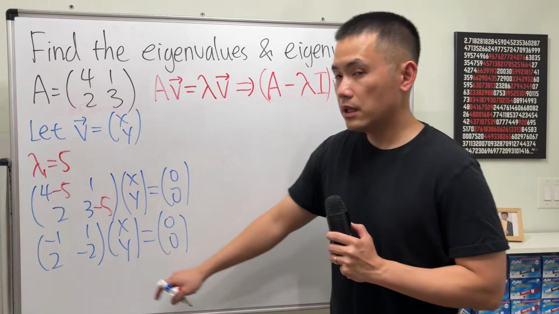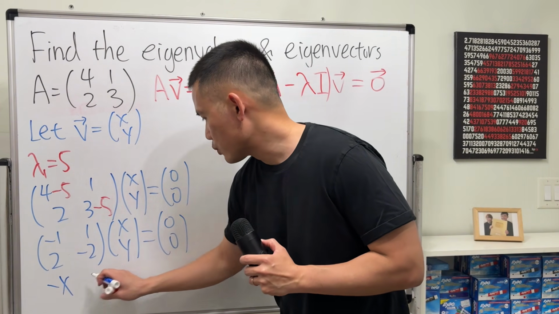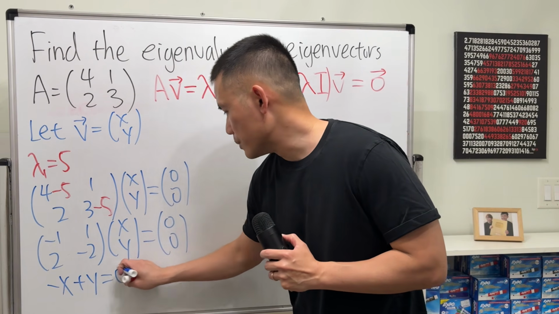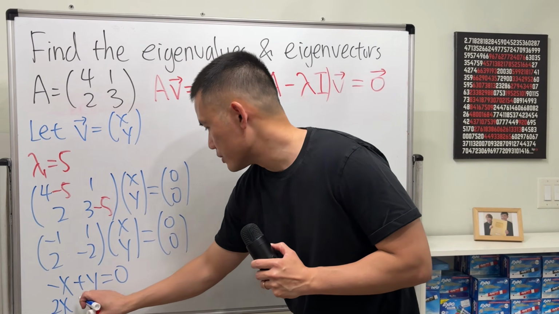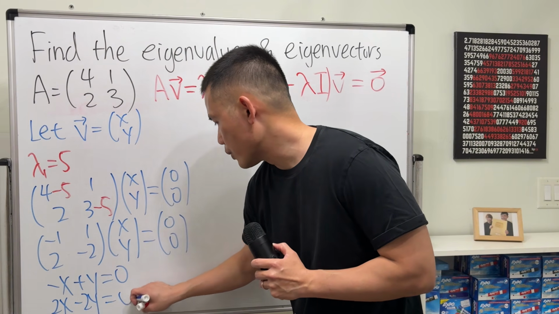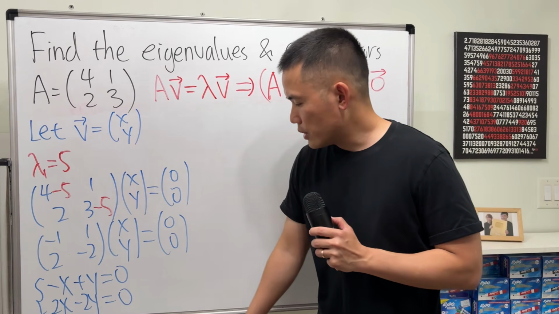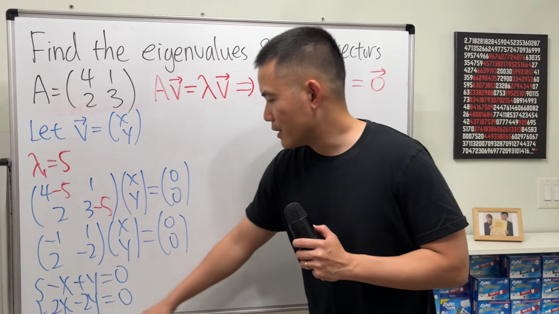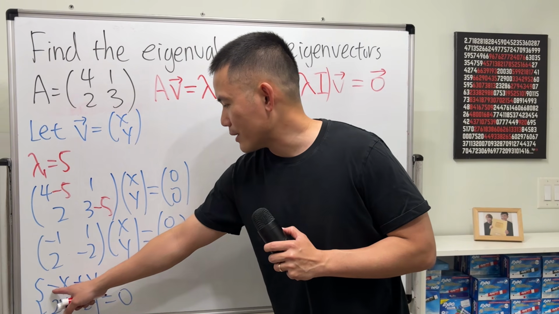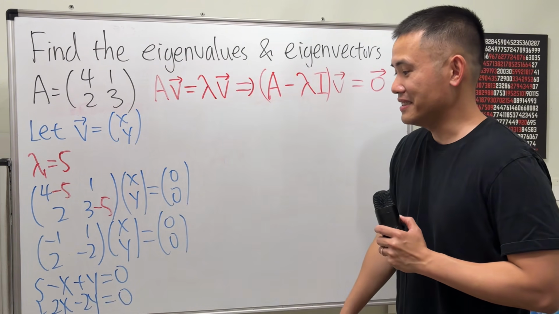And if you multiply this out, you get negative x plus y, and we want this to be 0. And then the other one, 2x minus 2y, we also want this to be 0. If you look at this real quick, you see that this has infinitely many solutions, because if you multiply the top by 2 and then add it up, you get 0 equals 0. So this is consistent.